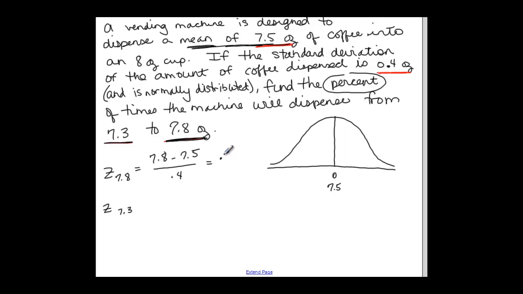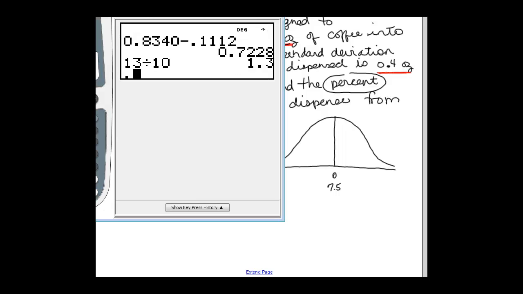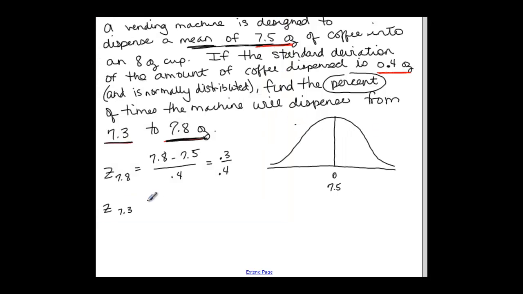So that would be 0.3 divided by 0.4 in our calculator. 0.3 divided by 0.4 is equal to 0.75.